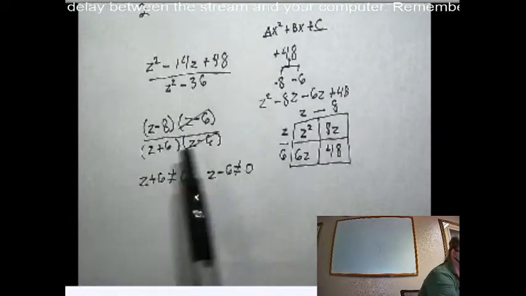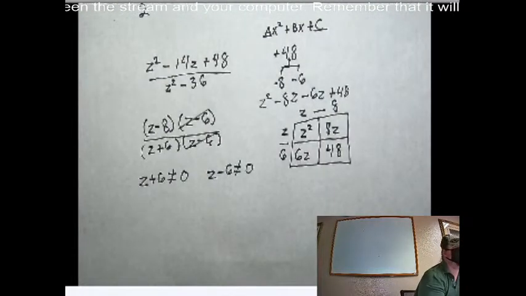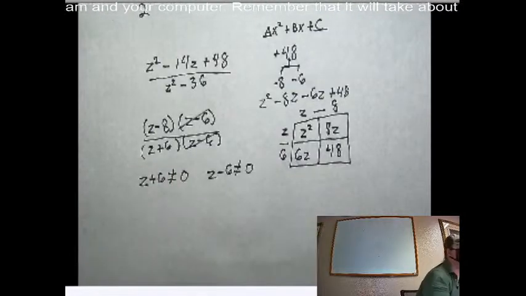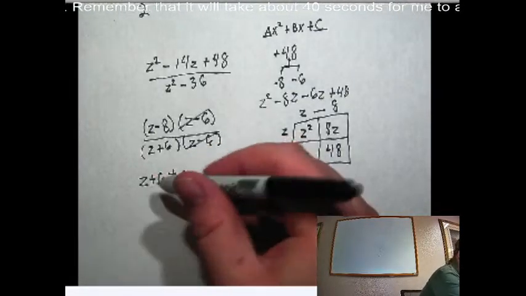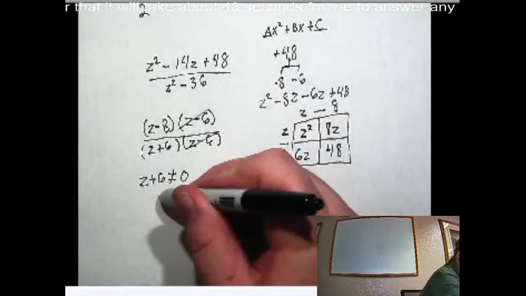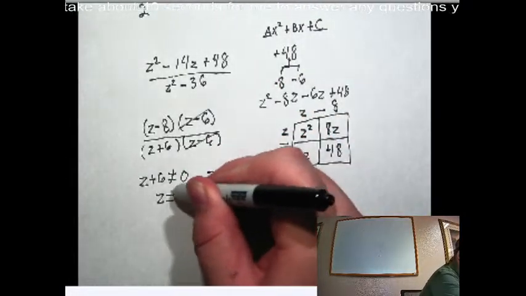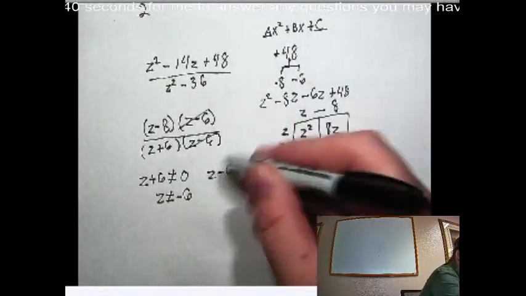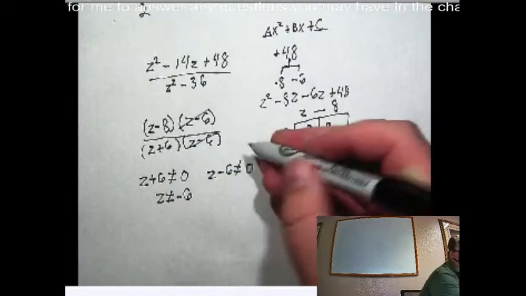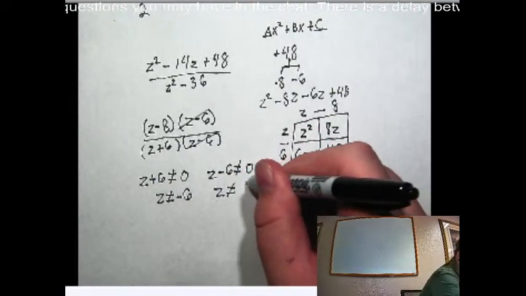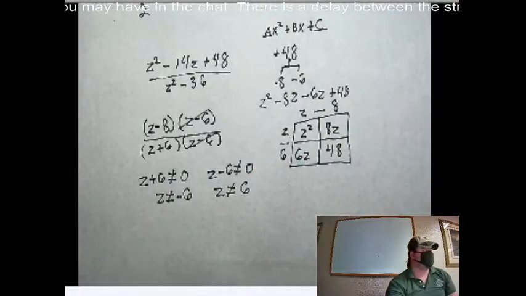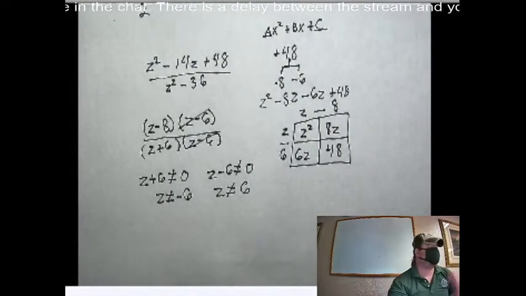Because if either one of these factors became 0 from plugging something in for z, it would make the entire bottom 0. So, again, solve these. Minus 6 to this side, so z cannot be equal to negative 6. Plus z to this side, so z cannot be equal to positive 6. There's our excluded values.